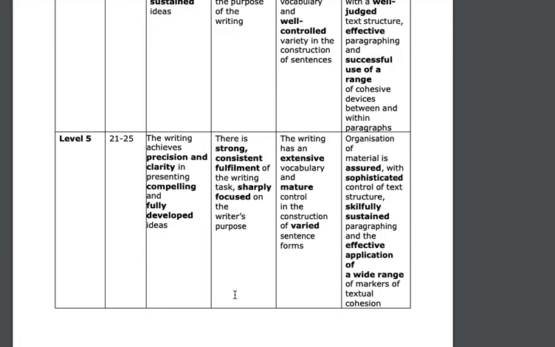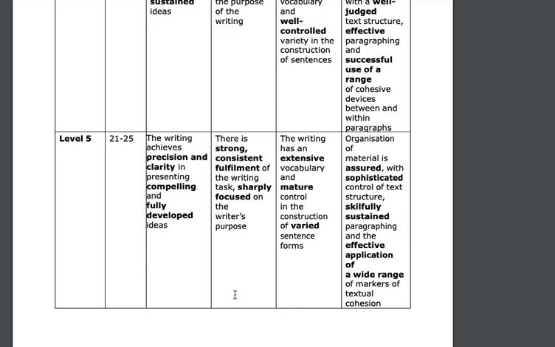Organisation of material is assured with sophisticated control of text structure, skillfully sustained paragraphs, and the effective application of a wide range of markers of textual cohesion. So again, you're organising the material in an assured way, and it's skillfully put together with a wide range of effective markers of textual cohesion.